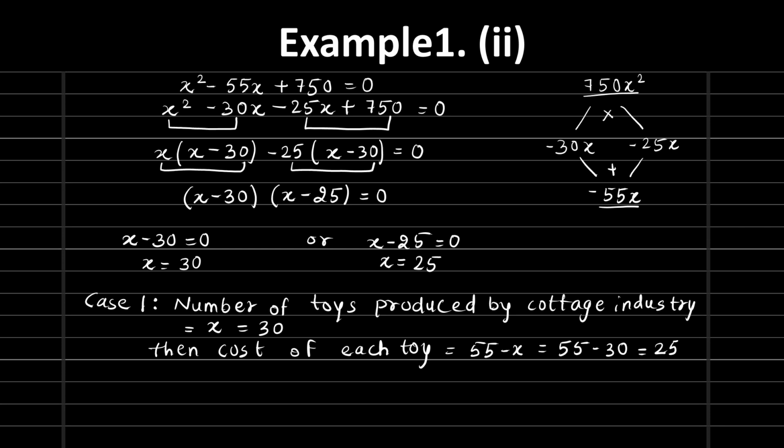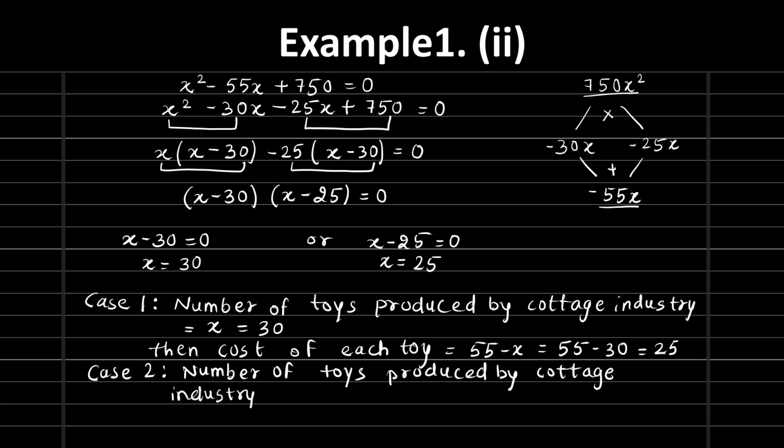Now the second case is when x is equal to 25. So in case 2, if you take the number of toys produced by the cottage industry equal to x, which is here in the second case 25, then the cost of each toy will be 55 minus x, 55 minus 25, and hence its value would be 30.